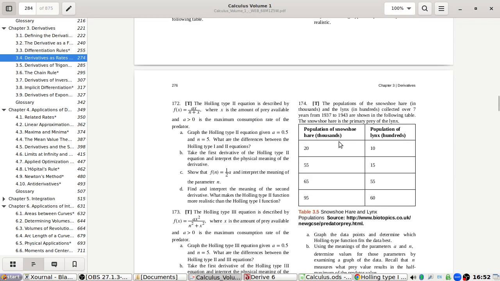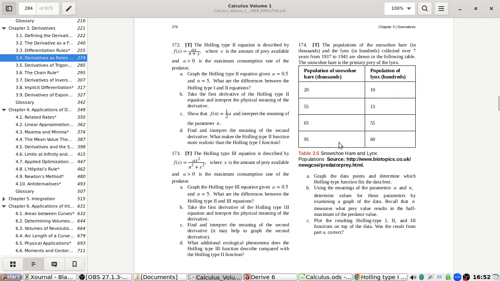I'm really confused by this last page. Holding equations. Might have to read up on it, but I dislike the idea of having to do some biology reading to solve this problem. So I'll just throw my hands up and say I'm moving on.